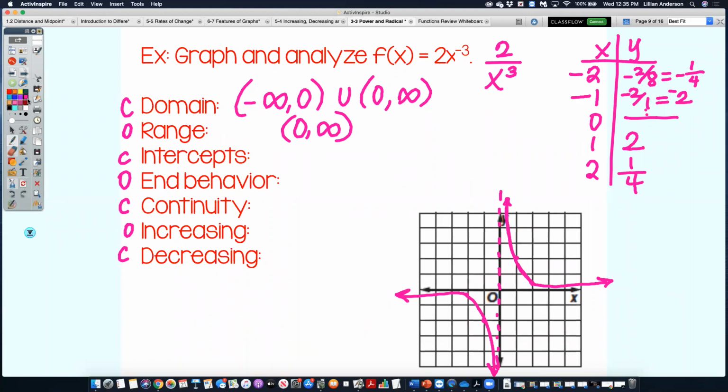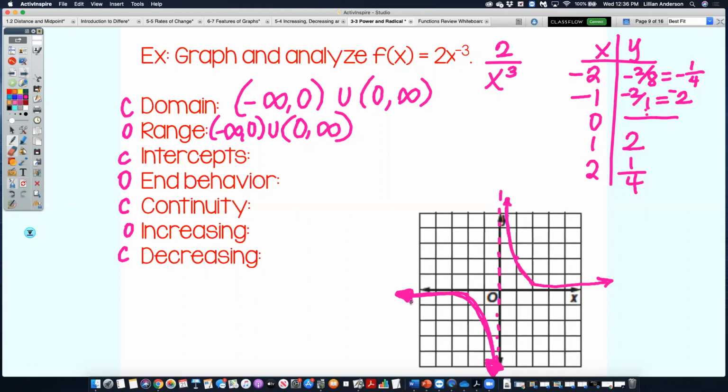For the range, yes, it would be negative infinity to 0. I'll need the other piece too, and I'll need to connect them because as you can see, the lowest we go is negative infinity right here, and then we go all the way up to 0. We skip 0, and then we pick up the rest.